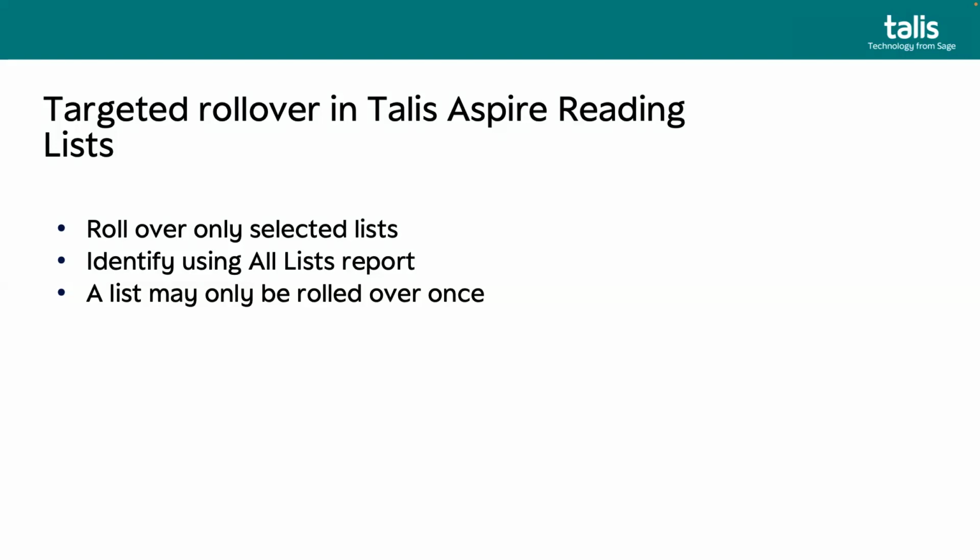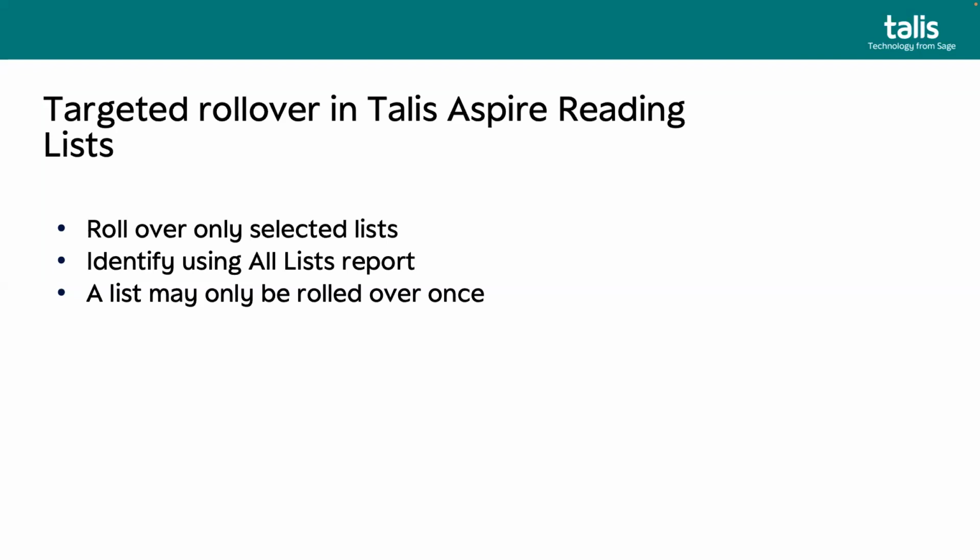So it might be, we talked about different time periods for different courses that are running, but it might be that you've got one time period and you're just choosing to roll over selected courses as and when they come up. So, for instance, maybe you might want to roll over your business school lists at a particular point because they follow different term dates, and you'll roll over the others at a later date.